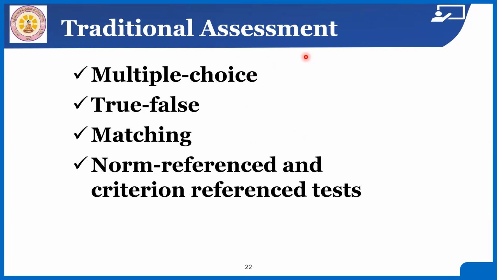Because there are two choices for you to choose: you read the statement and then check true or false. Okay, matching, you know, matching: you have two parts, part A and part B. Part A is a question or key term, part B is the answer or the definition. For example, you need to match them together. Okay, be careful and correct. Right? Norm-referenced and criterion-referenced testing.